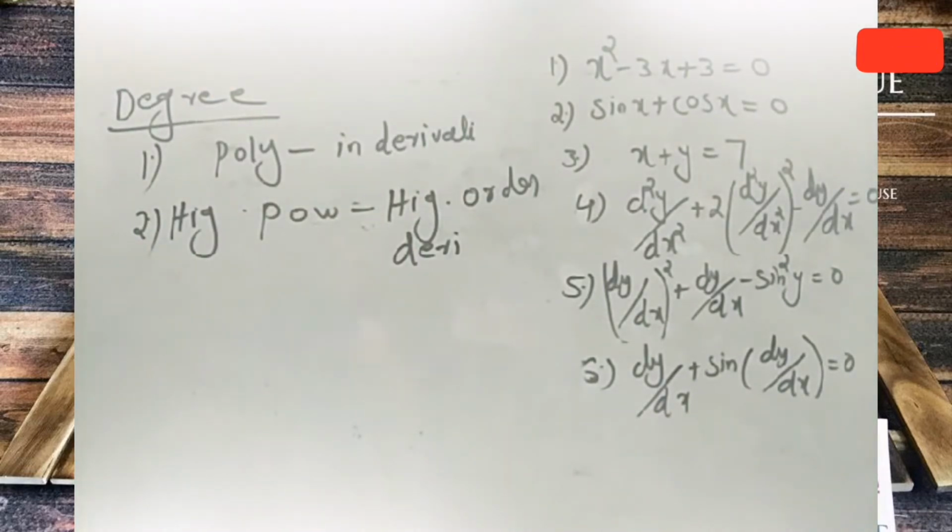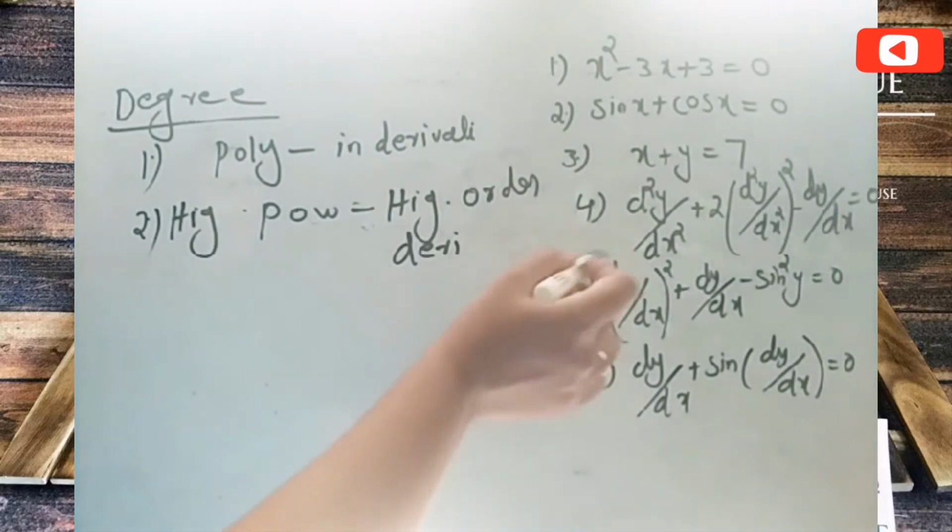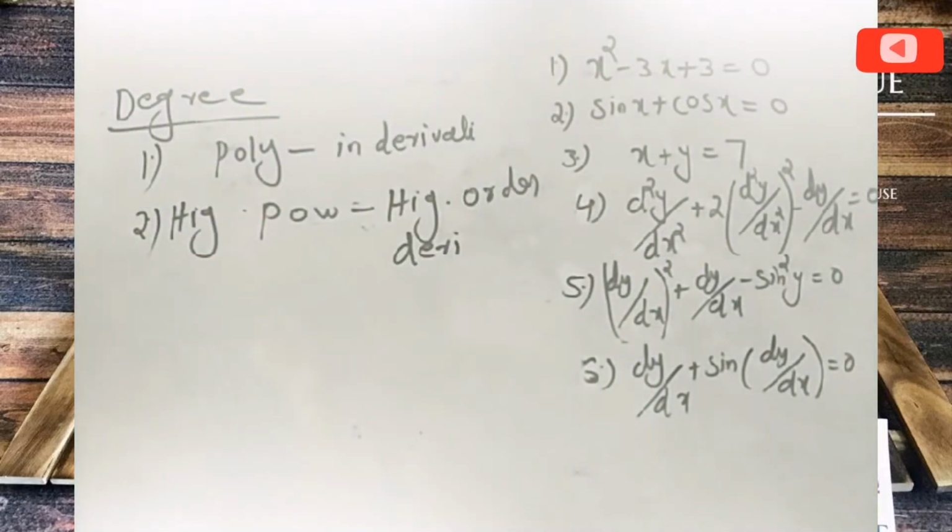It is called the degree of the differential equation. Now we will try to find the degree of the fourth, fifth and sixth equations. Now just look at the fourth equation.